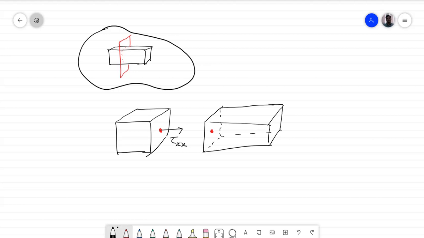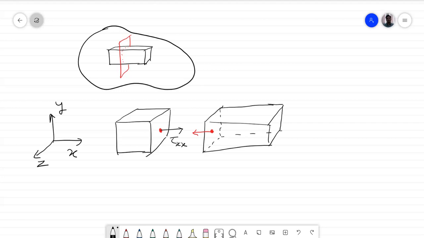And we said that if the face normal is in the negative direction, which is this direction, this is the opposite direction. Let's say for convenience let us draw x, y and z axes.